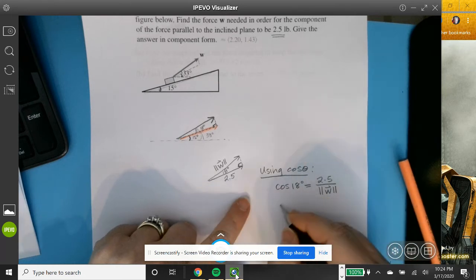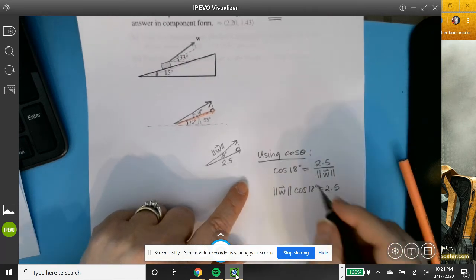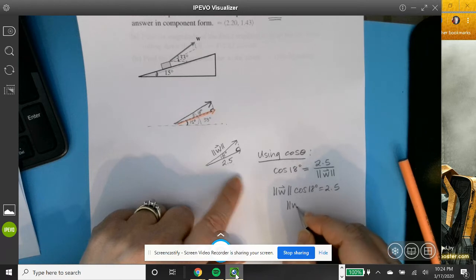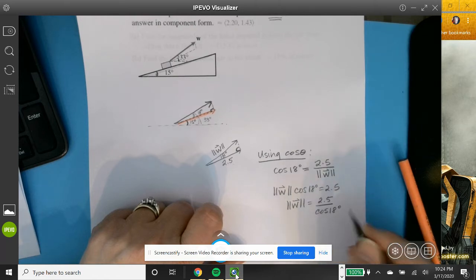And I can cross multiply, get the magnitude of W times the cosine of 18 degrees equals 2.5. The magnitude of W is equal to 2.5 over the cosine of 18 degrees.